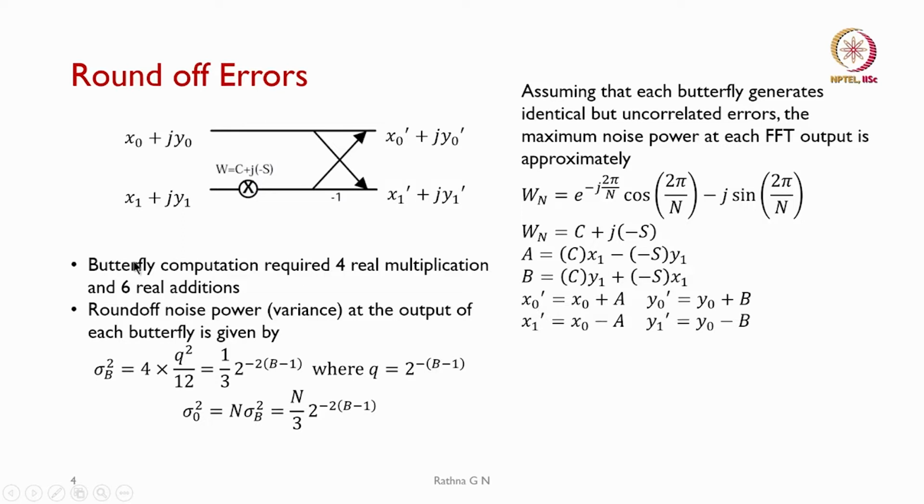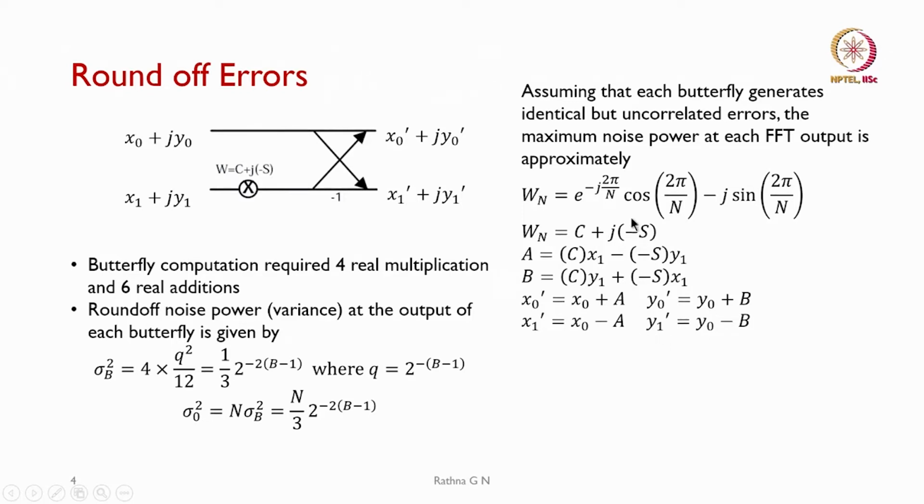Our butterfly computation requires 4 real multiplications, as you can see here: 1, 2, 3 and 4 real multiplications, and 6 real additions. How many of them can you count here? This is 1, 2, 3 and 4.